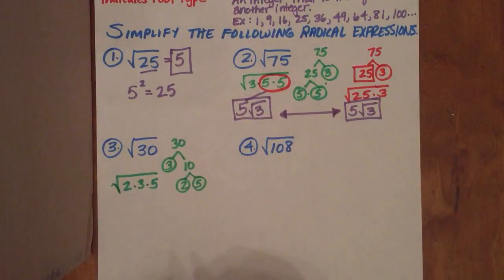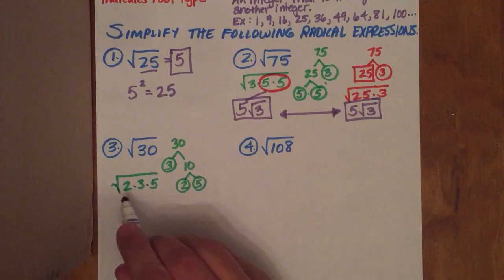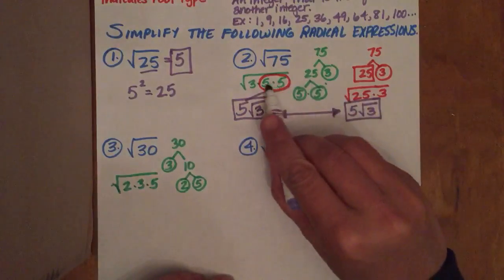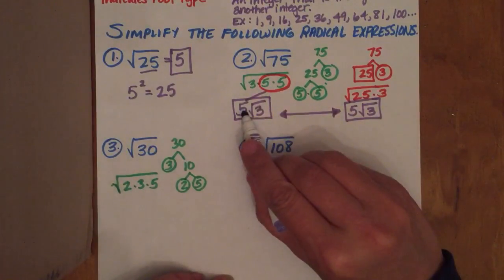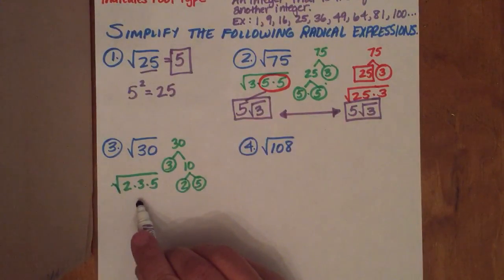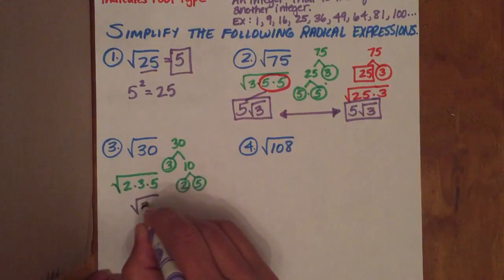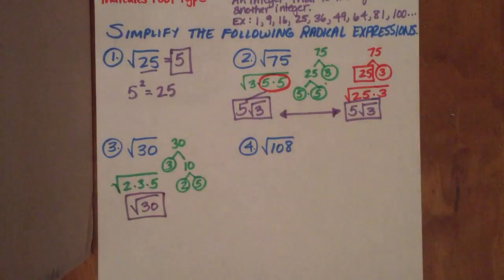But what do we notice in this particular situation? There are no pairs. No pairs mean that there's no perfect squares. Notice up here we had a pair of 5s, 5 squared. That gave us 5 because that was a square. We could bring it out. I don't have any pairs here. So what does that mean? Well, that means that the square root of 30 that you had is already in its simplest form.